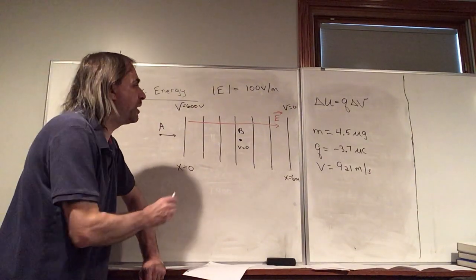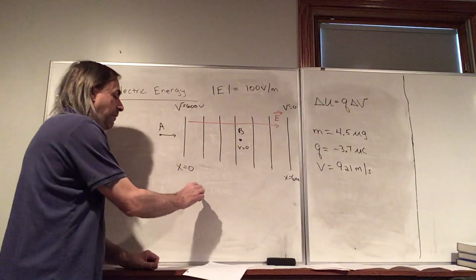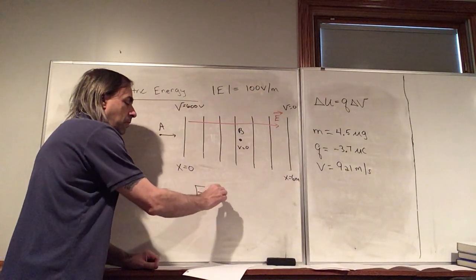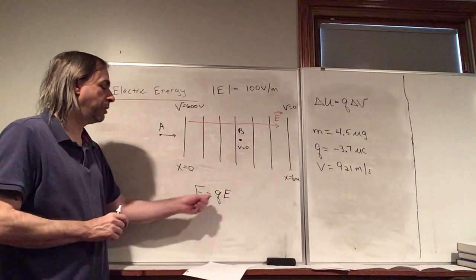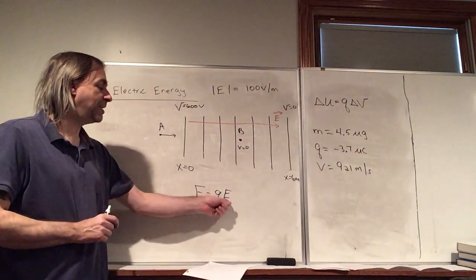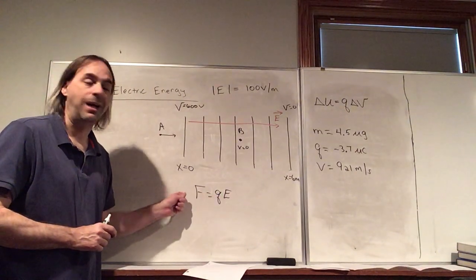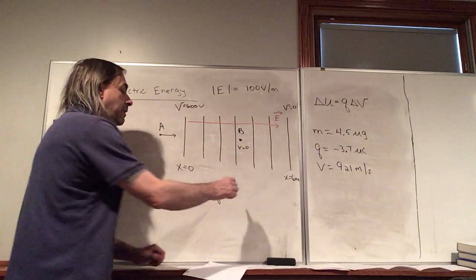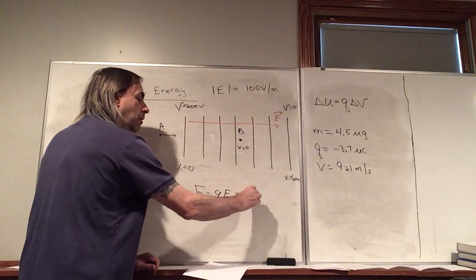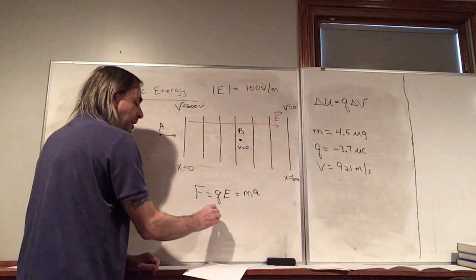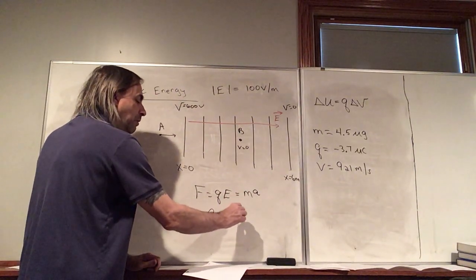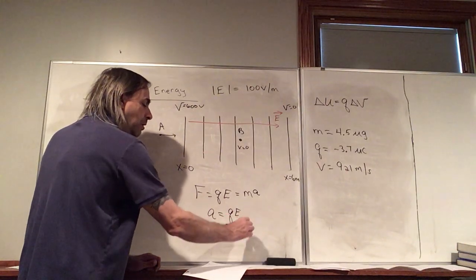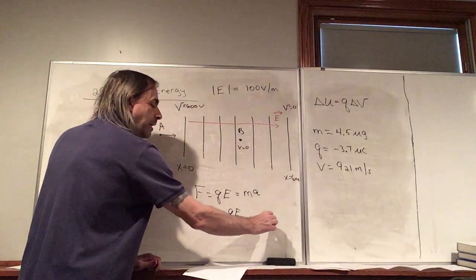One approach: we know the strength of the electric field, so force is equal to Q times E, and because the electric field is constant, we have a constant force. From Newton's second law, force is mass times acceleration, so the acceleration would be QE over m, which is constant.